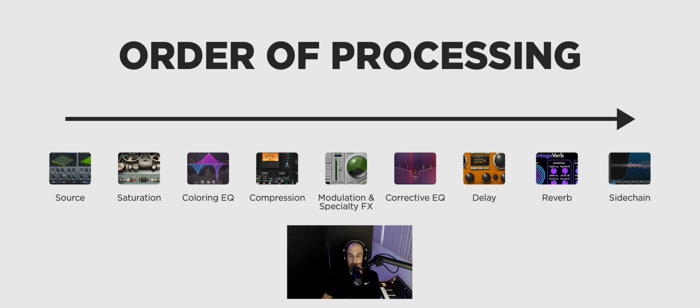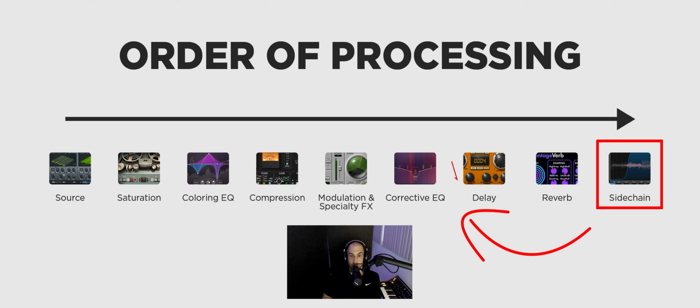Finally, what do we do with sidechain? We really have two spots that sidechain will fit, and it's after the spatial effects or before spatial effects. The difference being, what do you want to also pump? Now, if it comes at the end of the chain, after everything, your entire signal is going to pump and duck. Maybe let's say around the kick drum, right? That's usually what we sidechain.